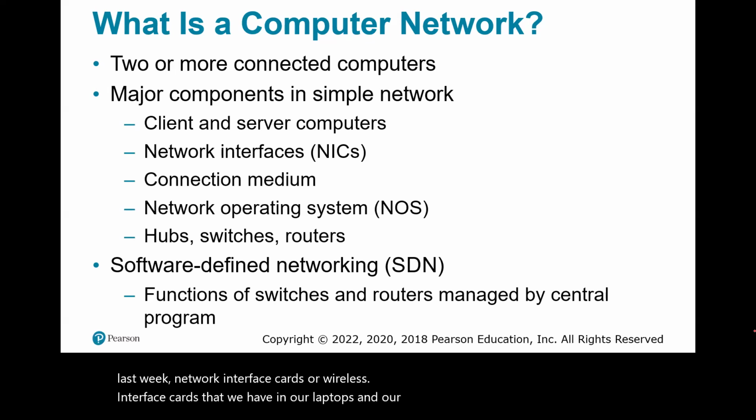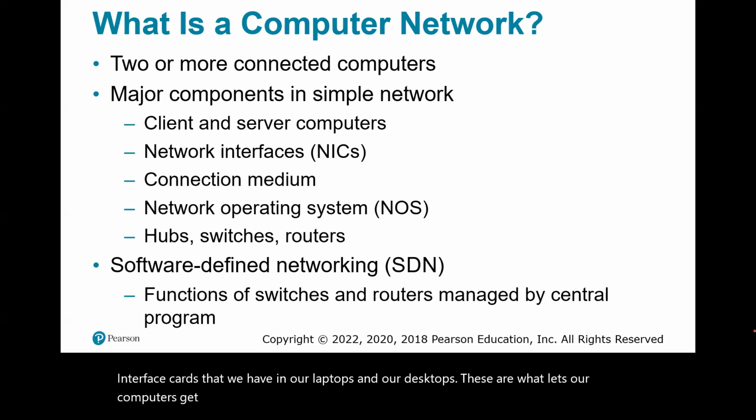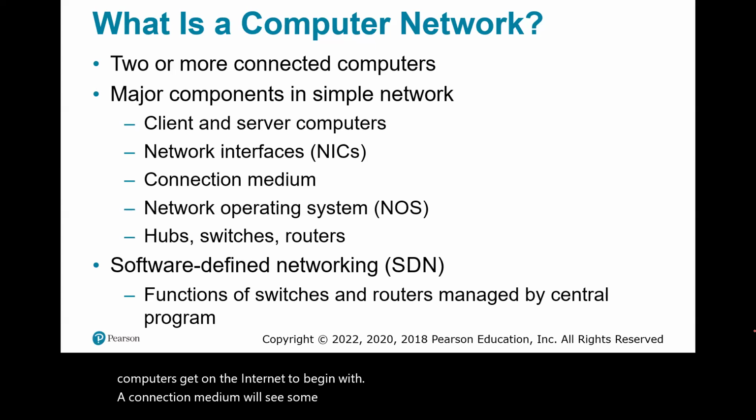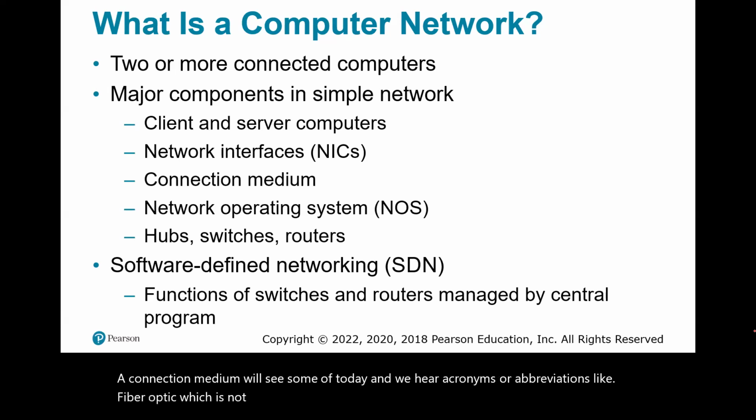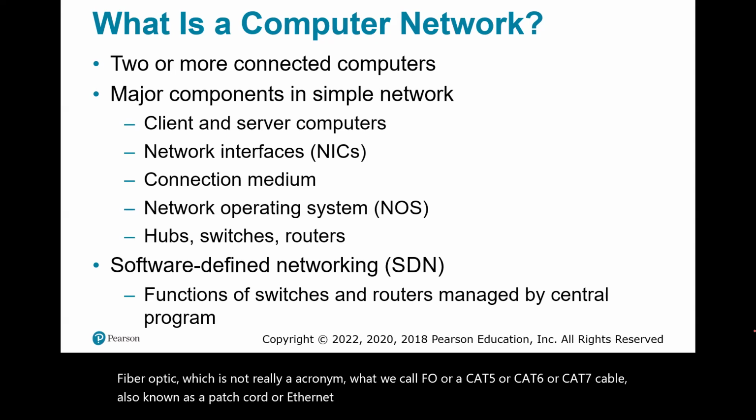These are what lets our computers get on the internet to begin with. Connection medium we'll see some of today, and we hear acronyms or abbreviations like fiber optic, which is not really an acronym, but we call it FO, or Cat5 or Cat6 or Cat7 cable, also known as a patch cord or Ethernet cable.